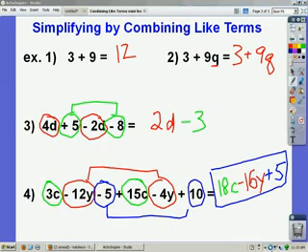Alright, example number 3. Here I have a variable d with negative 2d, and right there is 4d. So I'm allowed to combine those two together. 4d minus 2d would become 2d. Now, what else is left is here I have a constant, and here I have a constant. Make sure you keep the operation or the sign in front of the constant with that constant.